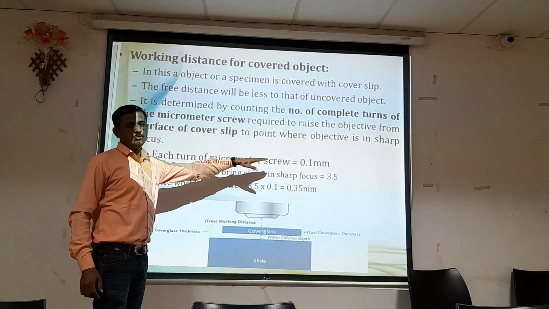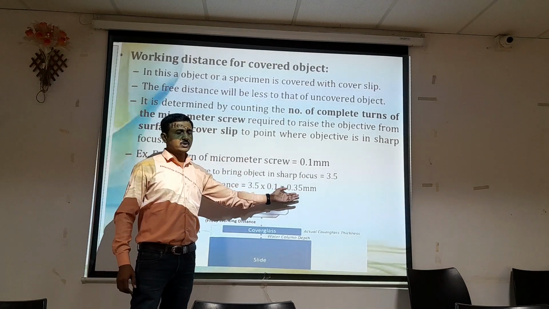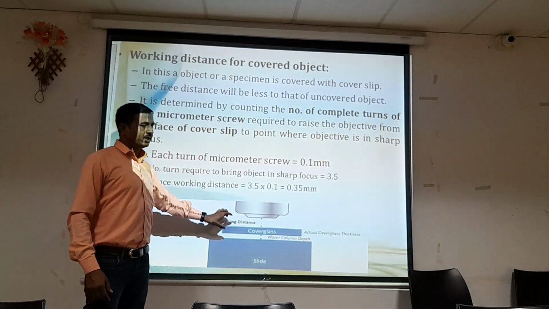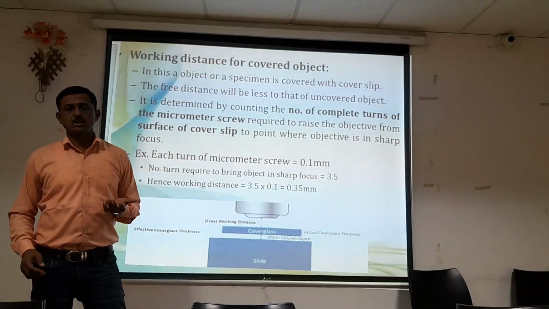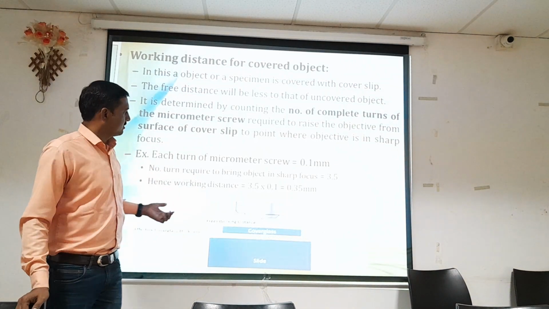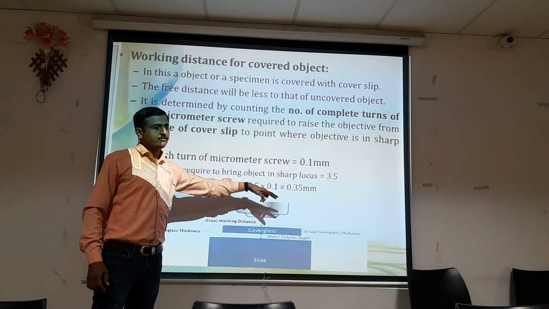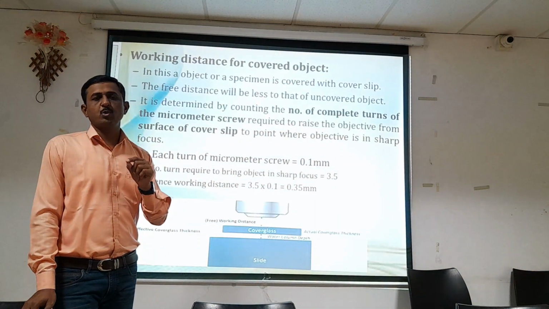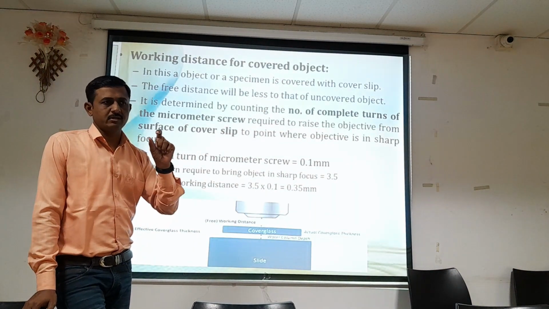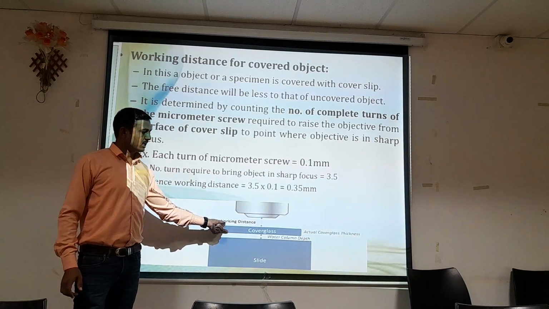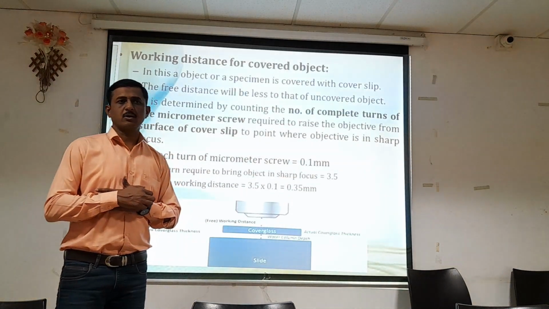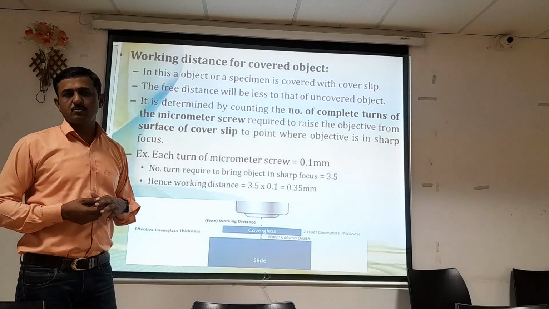So 0.1 into 3.5 is 0.35 mm, which is the working distance of your covered object. In that case we observed 0.8, and the difference, 0.45, is the width of the cover. By placing that particular value, you can calculate the working distance of that object.